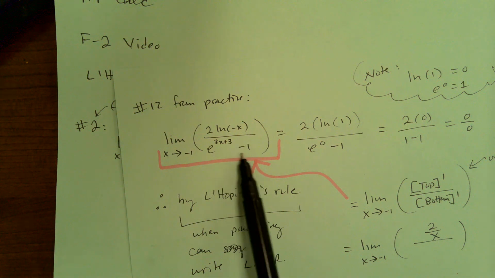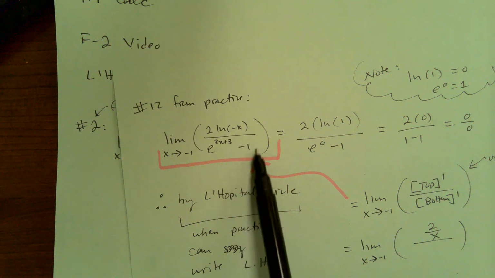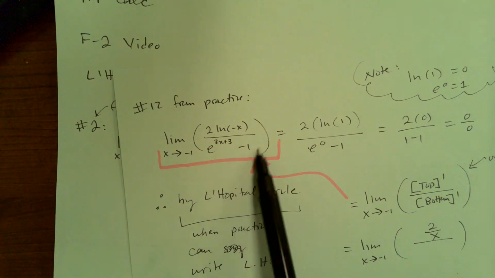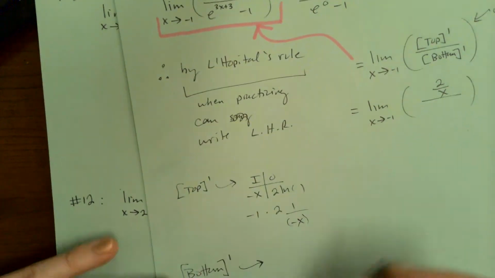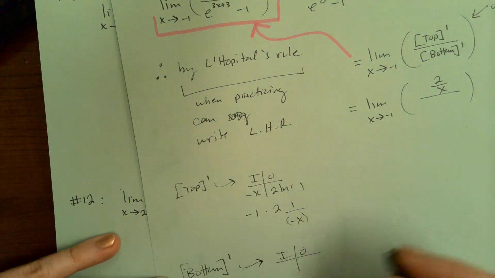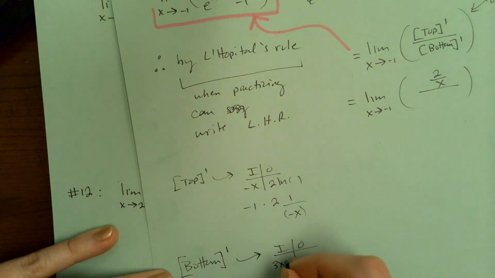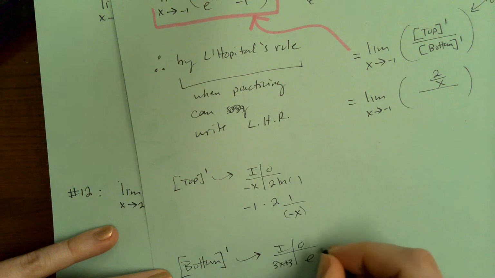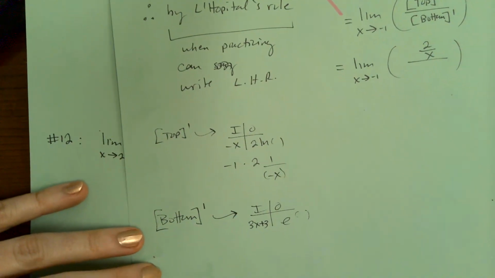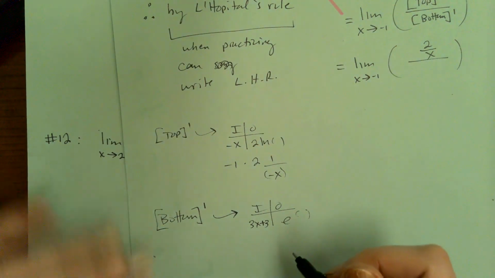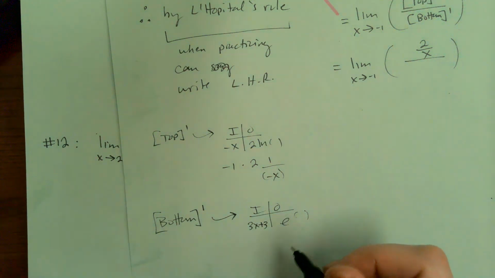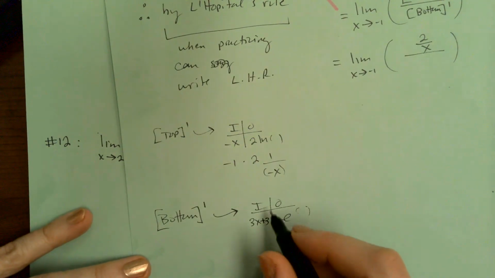But the derivative of this term is going to be 0 because that's a constant. So, and guys, you don't have to write the chart. It's better if you could do it in your head without the chart, but write the chart until you're confident that you're going to get it right without it.